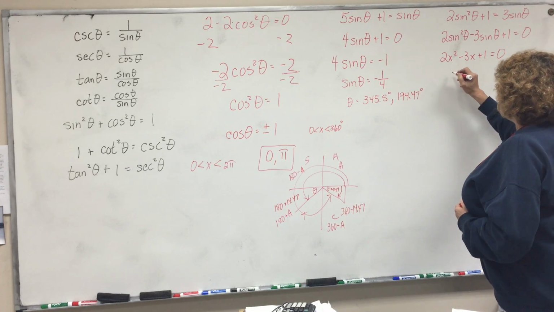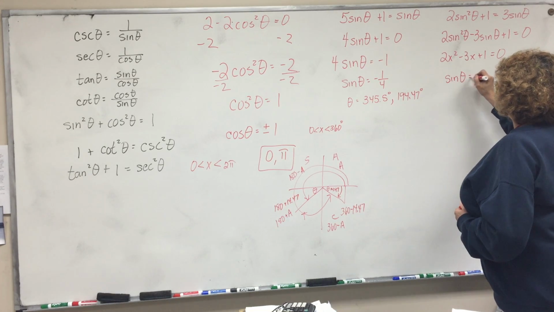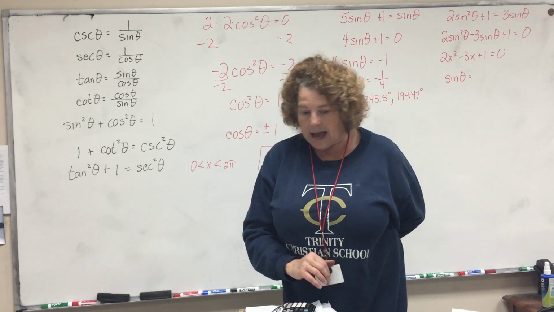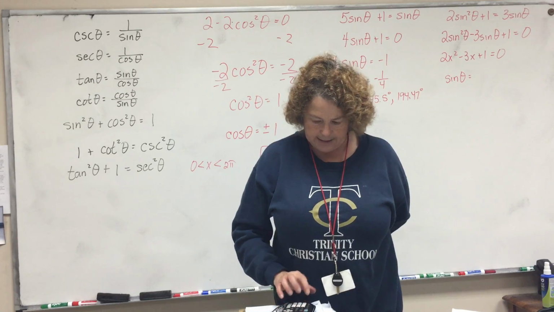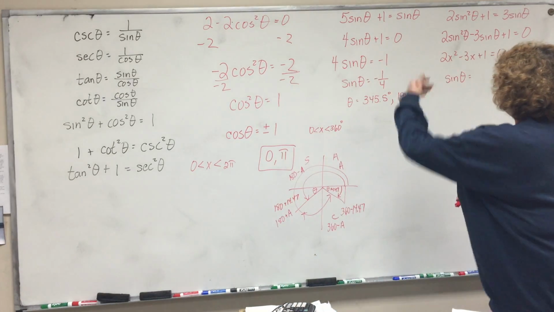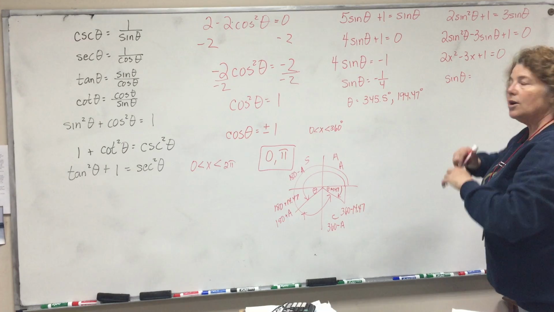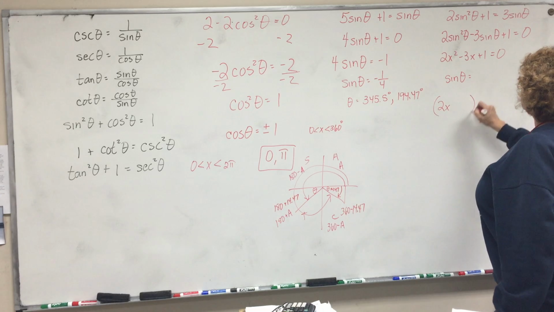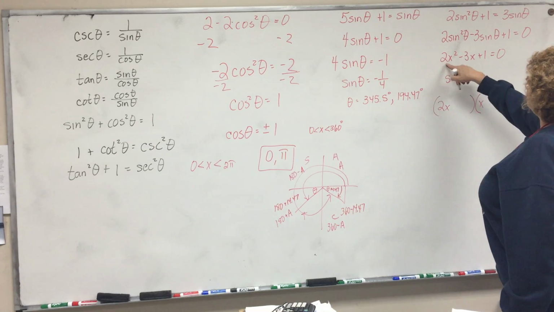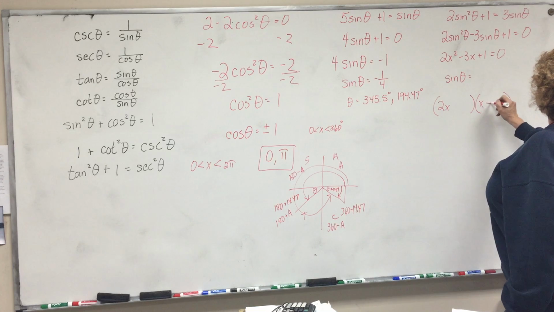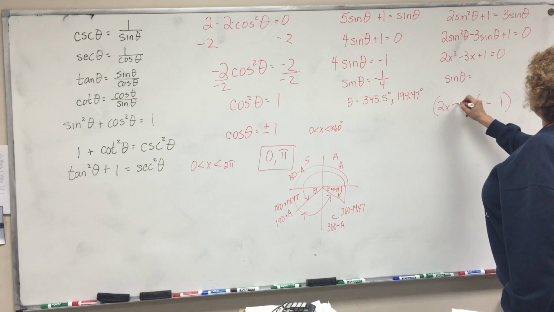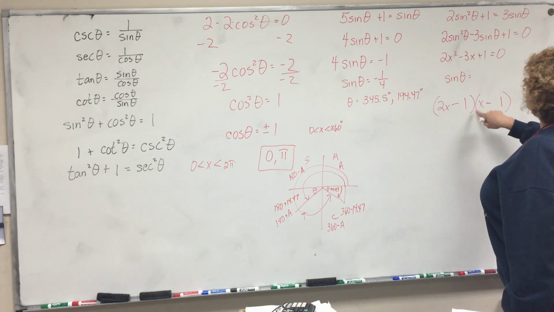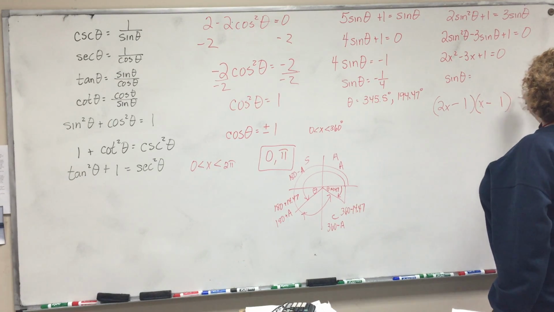So find out what your x is, and that's what your sine is. So I don't have the quad formula on this, so I'm going to factor. But if you have the quad formula, you can. I can factor this and have 2x minus 1, x minus 1, and I end up with 2x squared minus 2x minus 1x plus 1.